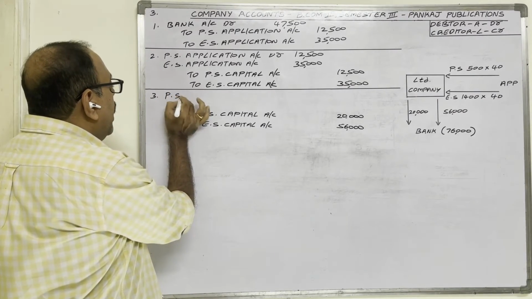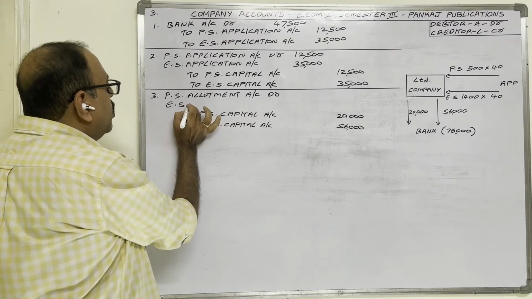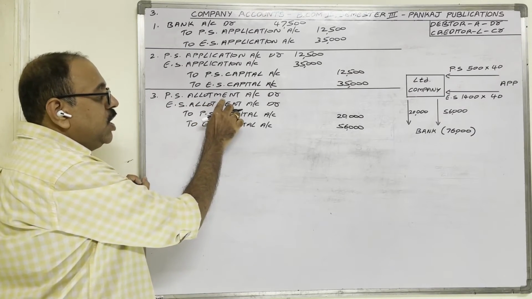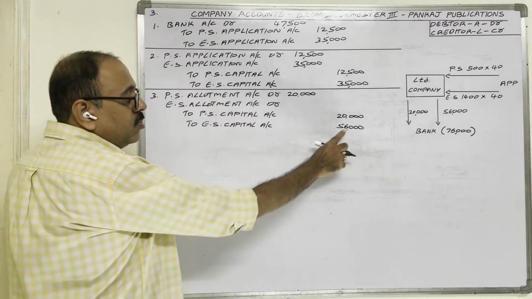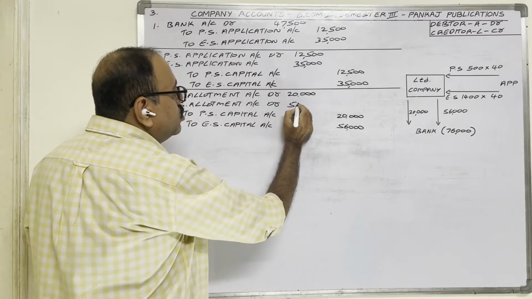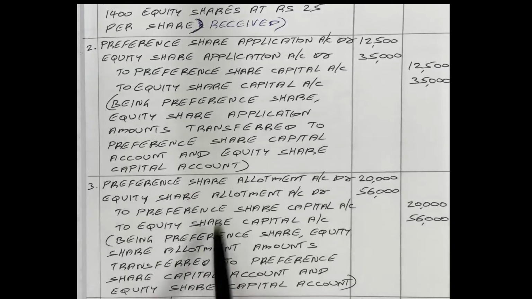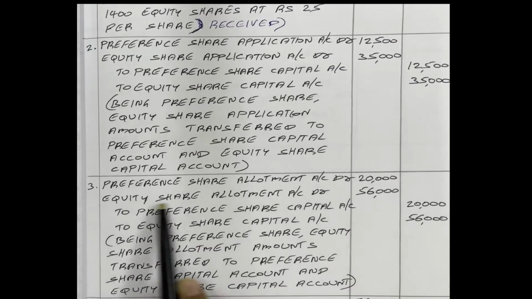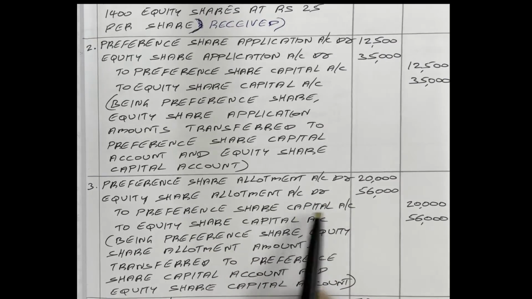Preference share allotment account debit, equity share allotment account debit, to the two capital accounts. Preference share allotment 20,000 rupees. Equity share allotment account amount is 56,000 rupees. So this is the third entry: preference share allotment account debit, equity share allotment account debit, to preference share capital account, to equity share capital account.